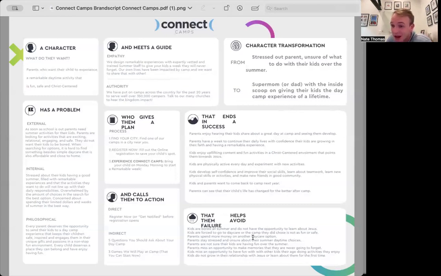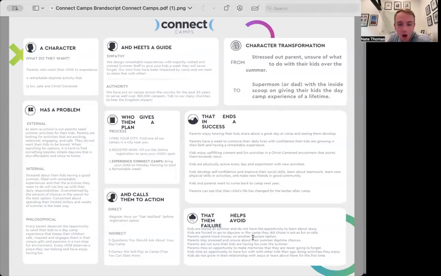It's just childcare, and it may not be as safe as Connect Camps. They might even have to spend more money doing it, and they will still be stressed because they're not 100% confident in their other alternative childcare opportunities. And there's more. If you paint the picture of failure, it makes the picture of success even more clear.